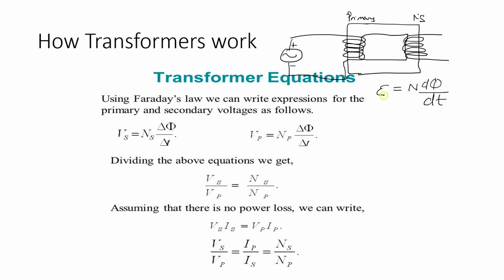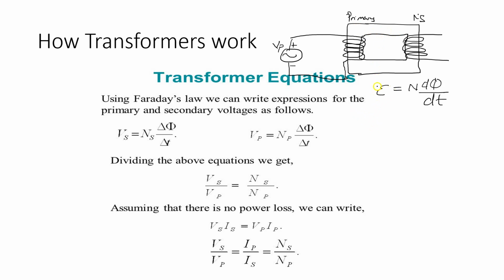Good. But as you can imagine, the EMF at the primary is basically the voltage coming from the alternating source. So your voltage at all times is the one coming from the alternating source. And depending on the number of turns, that will tell us how much magnetic flux would be generated in the iron core.